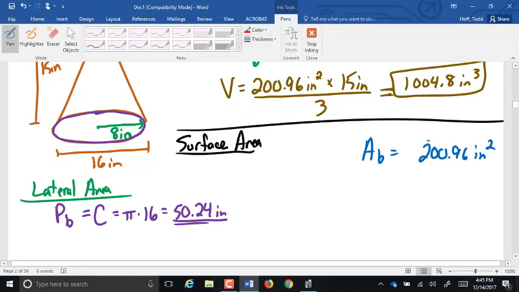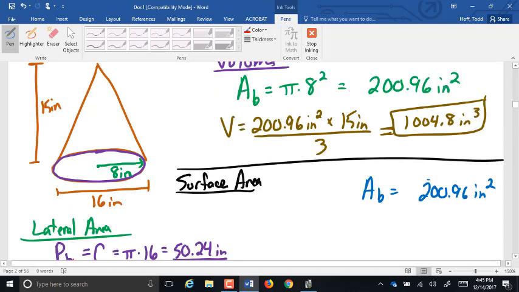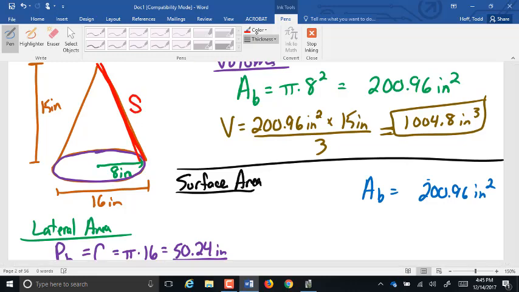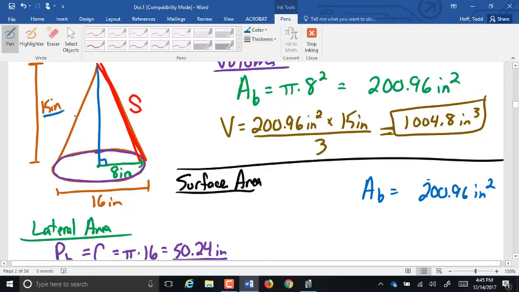Normally, we use the height as our other piece of information, but since this comes to a point, it's a cone, it would be the same for a pyramid, we use the slant. Remember, the slant is this distance down the sloped surface. To find the slant, we know the distance from that tip down is our height of 15 inches.